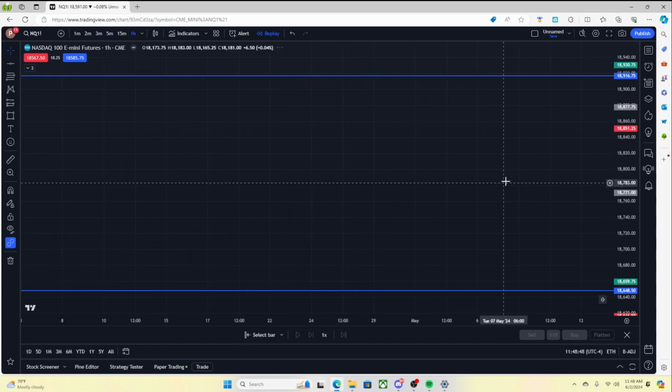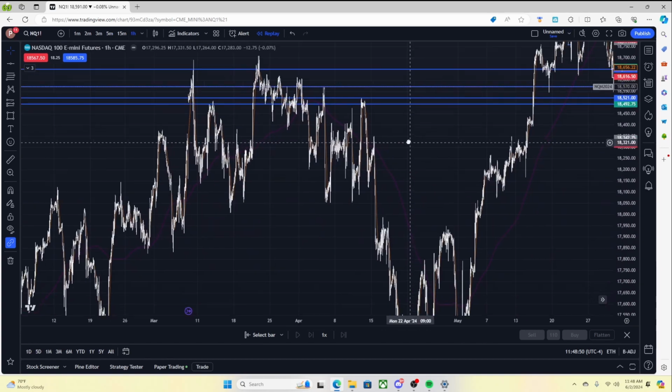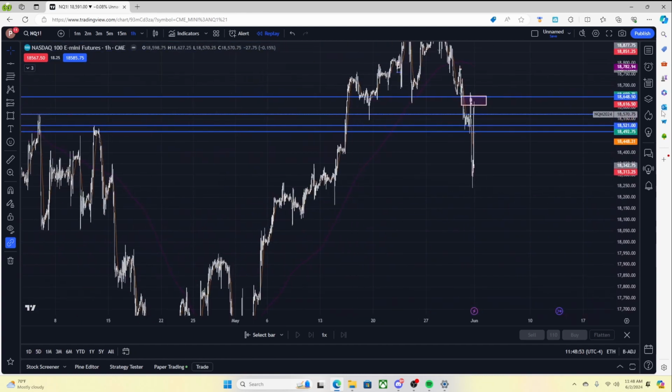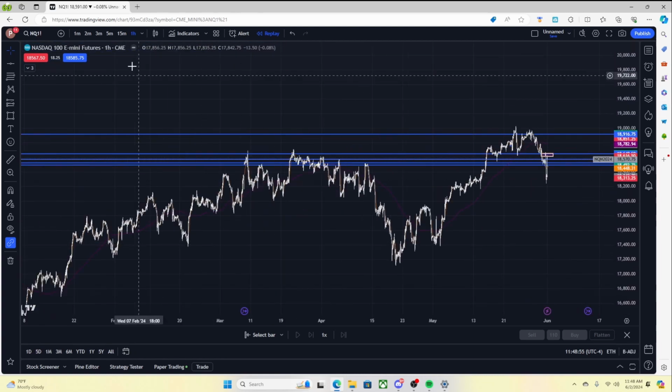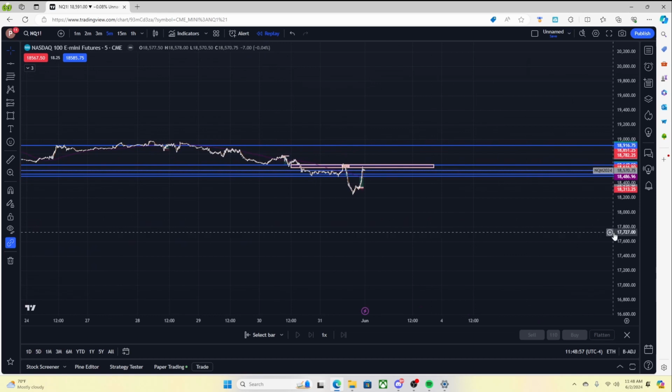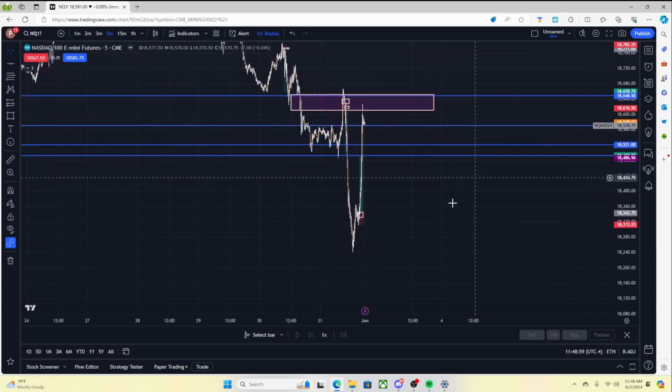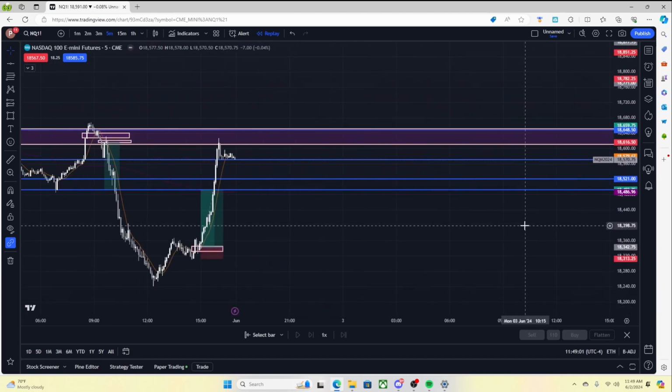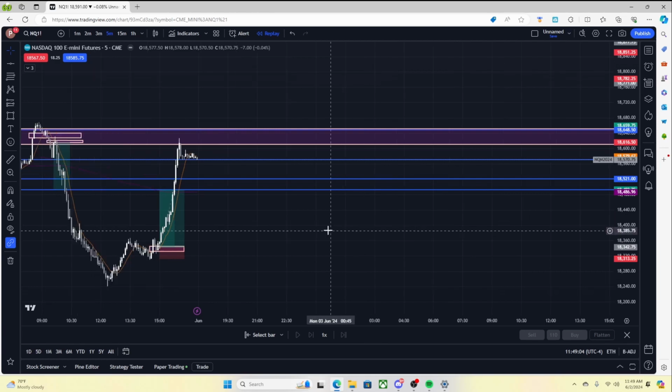Look on the higher time frames, because the higher time frames is kind of where I get my idea of what I want to see with the market before going in and actually taking the trades. It's important to have a sense of direction where you want to go instead of just going in there and taking whatever you want.